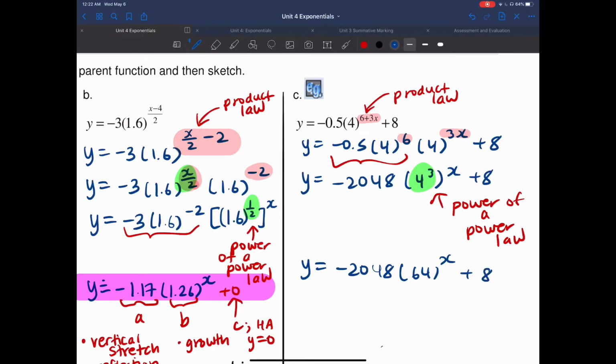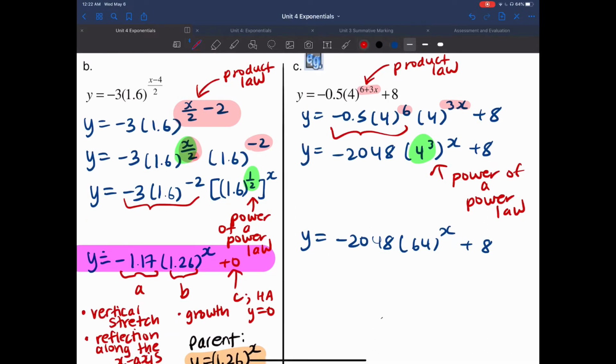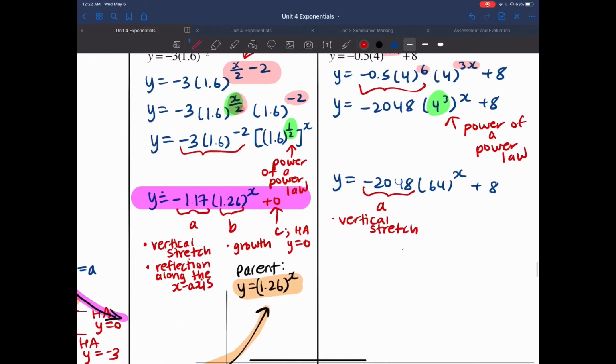All right, so for my a value, I have a vertical stretch because it's clearly a value that is larger than 1 if you only look at the value itself, the number, and ignore the sign, because I consider the sign when I talk about my reflection. And so I'm also going to write reflection along the x-axis.